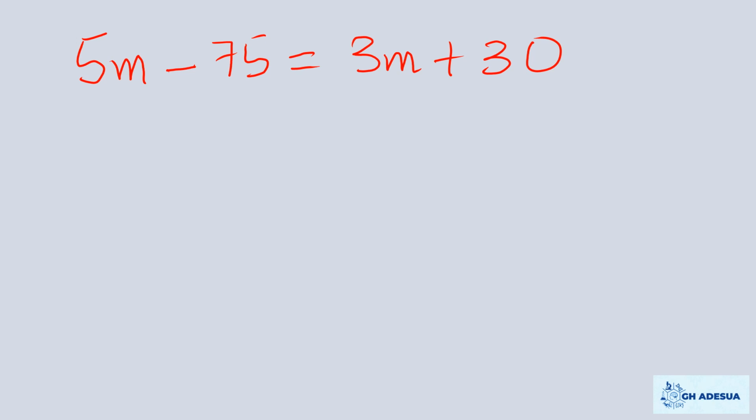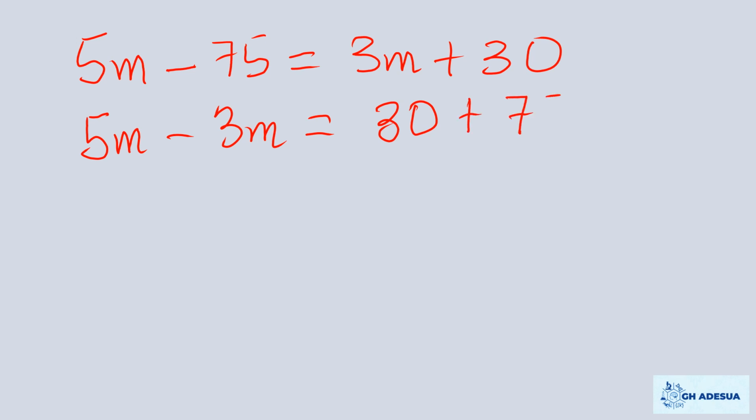So we would group like terms. That is the letters on one side, the numbers on the other. So it will become 5m minus 3m is equal to 30 is already on that side, then 75 will cross. So plus 75. So 5m minus 3m would be 2m. And 30 plus 75 will be 105.